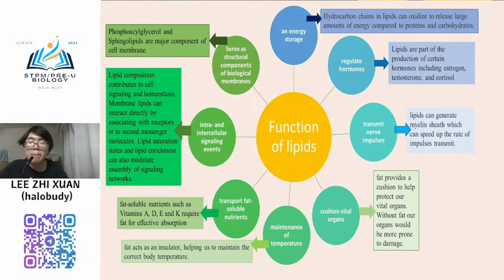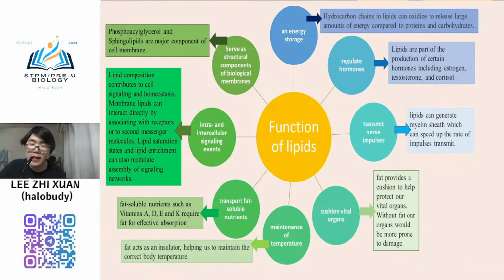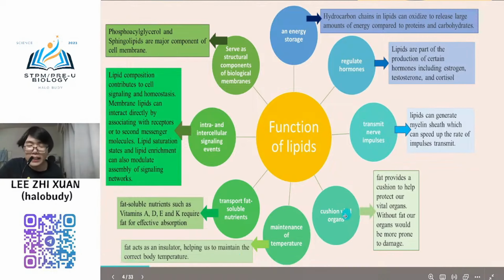Because at that part there is no bone to protect us. Compared to the lung, we have a rib cage, right? The rib cage can protect our lung and also our heart. But for the organs within the stomach, there is no bone to protect. So fat tissue can provide the cushion to protect our organs. It is good, but if too much, then it's not good.